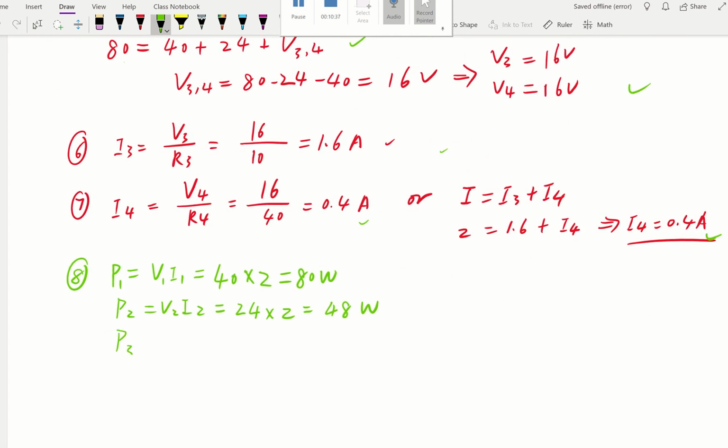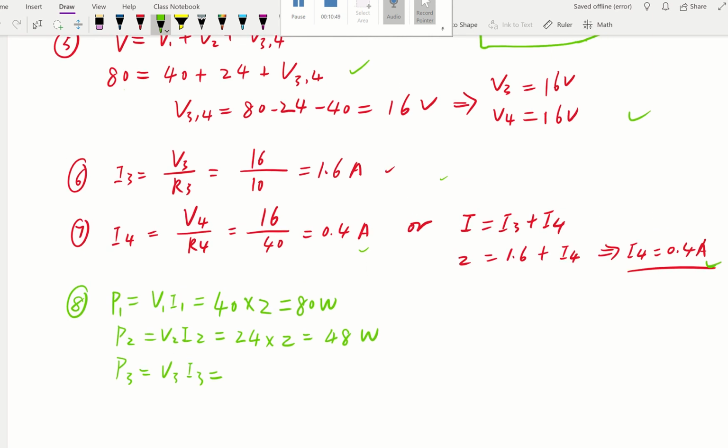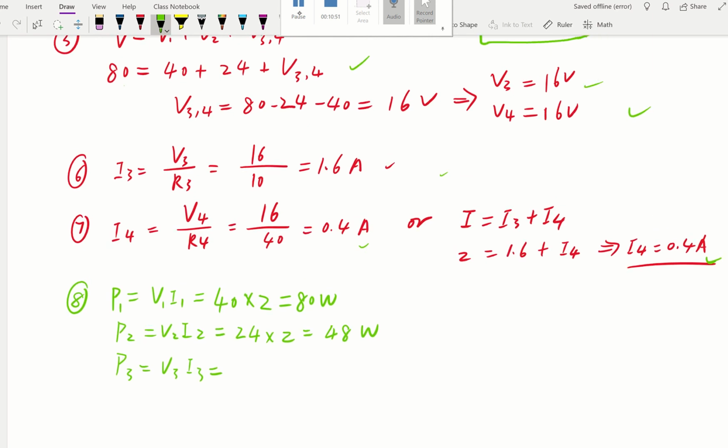Then P3, again, for power you can also use I squared R or V squared over R, or you can use VI, either one. So our voltage V3 is 16 volts, and our I3 is 1.6, right? So that's going to be 19.6 watts.